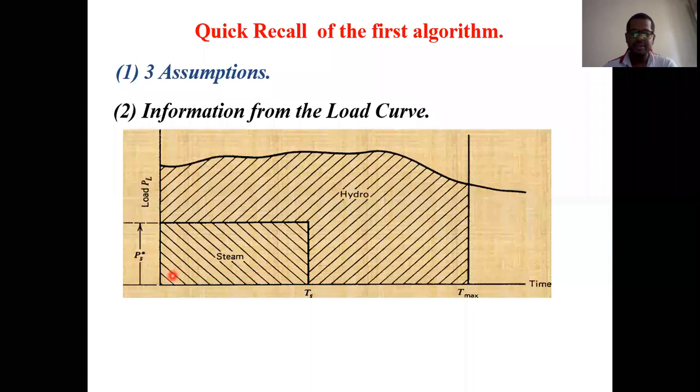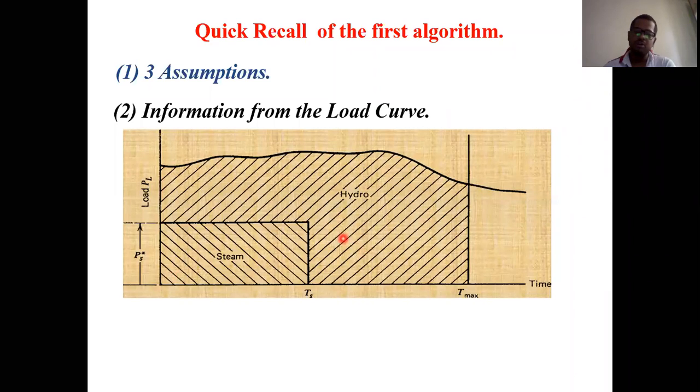In this time period from 0 to Ts, the thermal power plant is producing the same, constant amount of power, that is PS star or PGT star. This is a constant power at constant incremental fuel cost, as we already saw in the last class. So this is the information from the load curve.